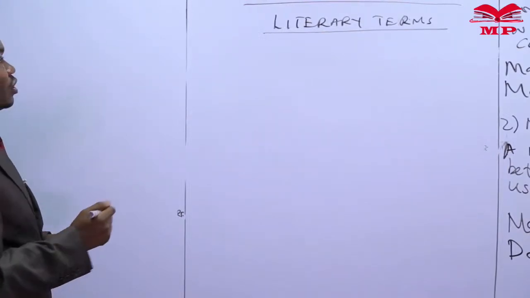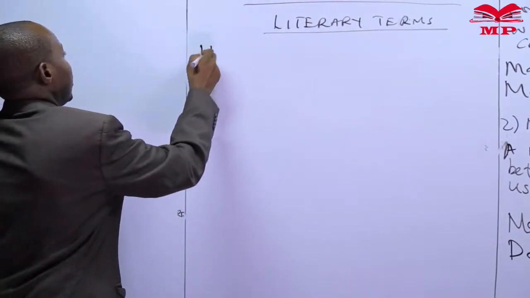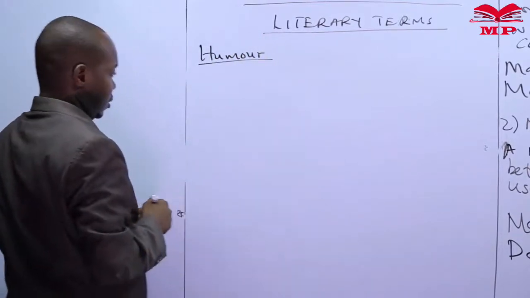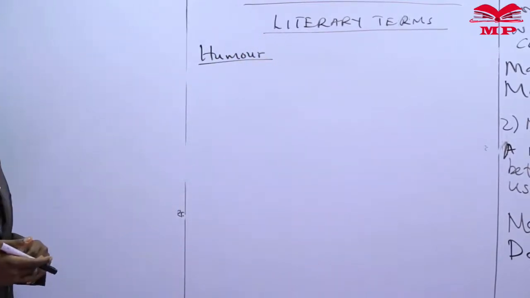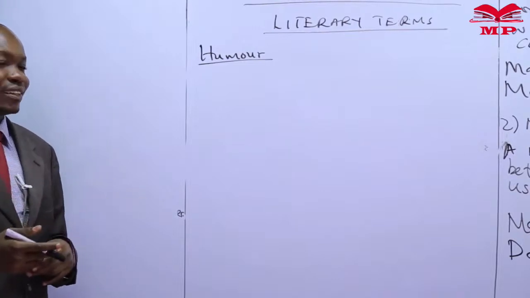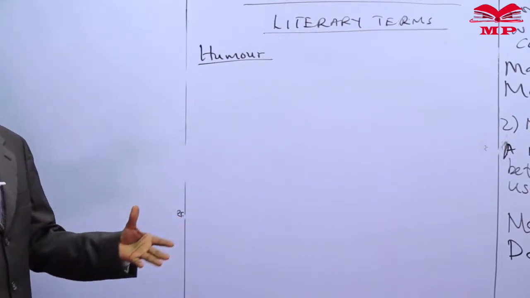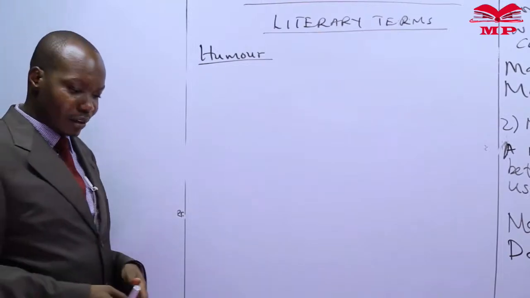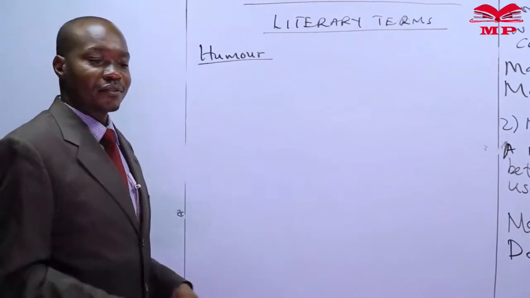And this one is called humor. Humor means writing that makes us laugh. I think you might have seen some people reading a story somewhere, then you see them laughing on their own.